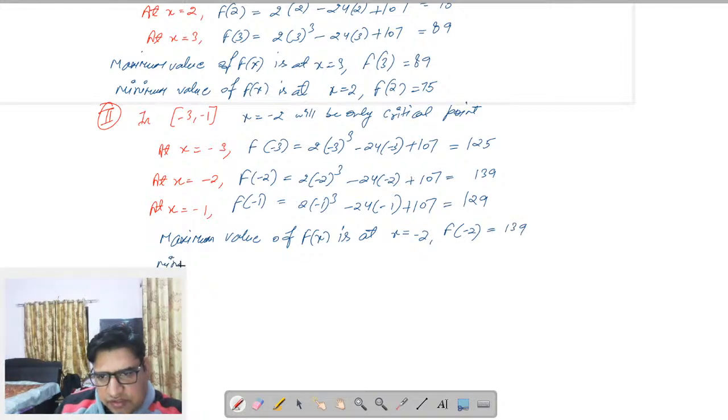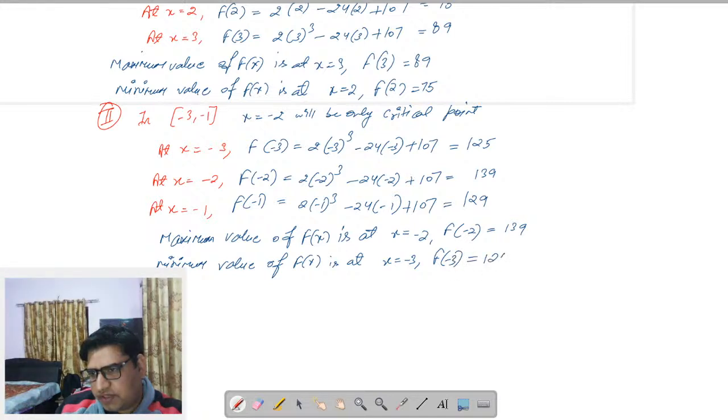Similarly, we will have the minimum value of the function: minimum value of f(x) is at x is equal to minus 3, and that is f(-3) is equal to 125. Okay, so this is how we can calculate the maximum value or minimum value of the function, and depending upon the interval we will have different critical points.